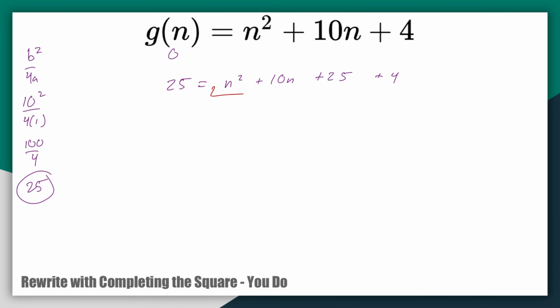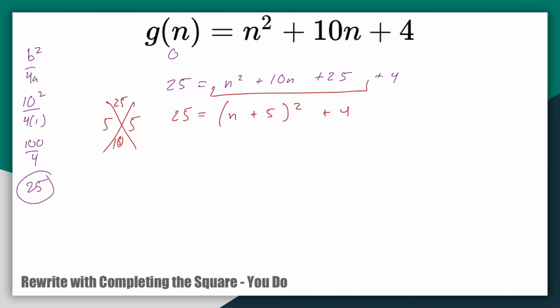And then I need to factor my perfect square trinomial. I see 5 plus 5 is 10, and 5 times 5 is 25. If you need to use the x factor, do so. So this is going to be n plus 5 squared plus 4 is equal to 25. Okay.